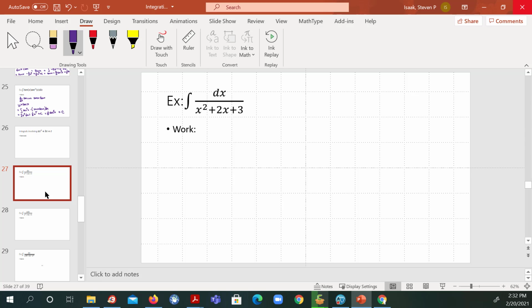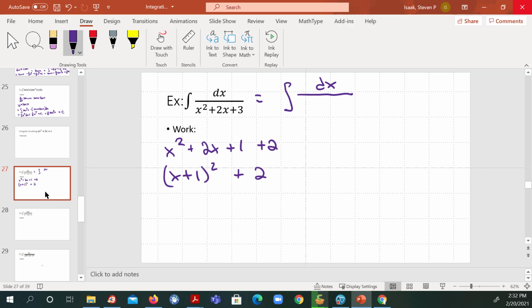Well, the first thing I'm thinking is, well, I don't have any x's in the numerator, so I'm going to say, hey, let's rewrite this as dx over, and I'm going to put the 2 here.